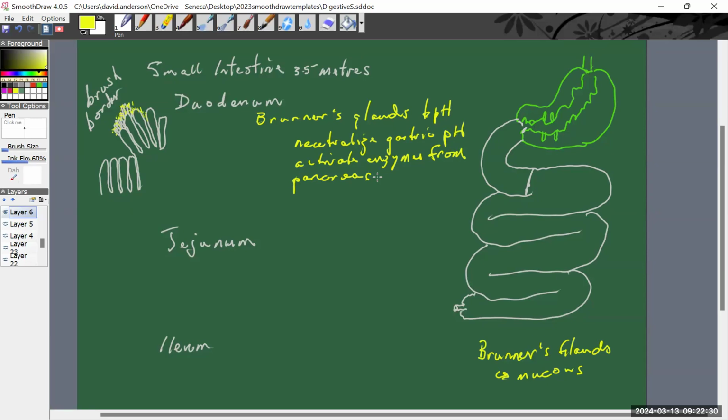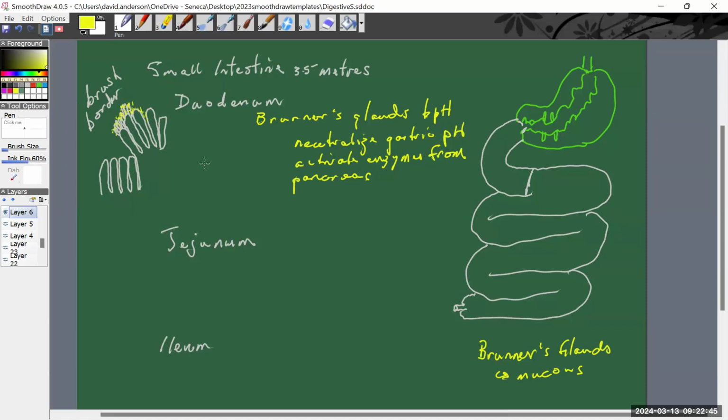So Brunner's glands play a number of roles in that respect. And again, the mucus is going to lubricate these sections of the small intestine as well, which is what mucus cells are essentially responsible for throughout the digestive system.